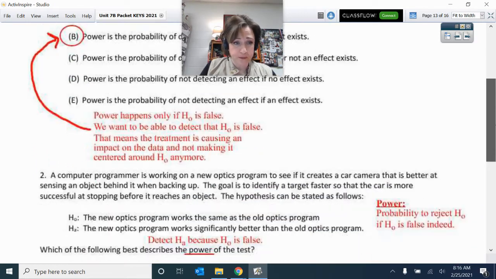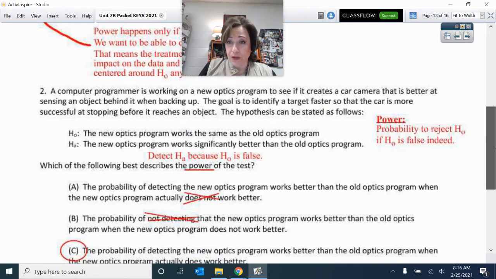So there you go. Okay, so on number 2. Again, it's asking about what power is. So I think to the definition that with power, HA is true, and I want to be able to detect HA. So the new optics programs work significantly better than the old ones because I want to be able to detect that because they do.